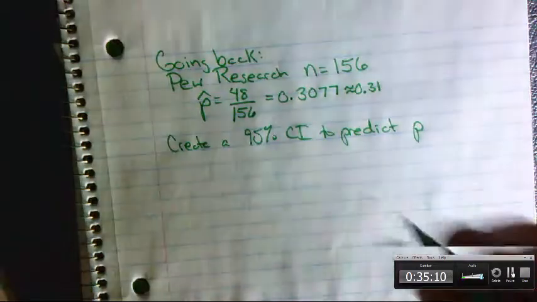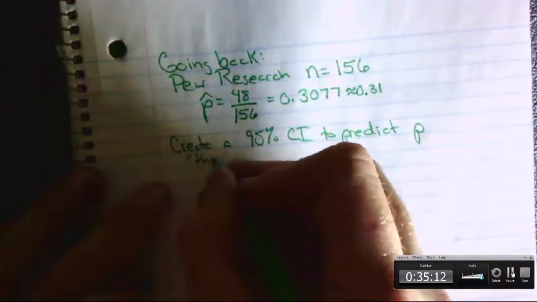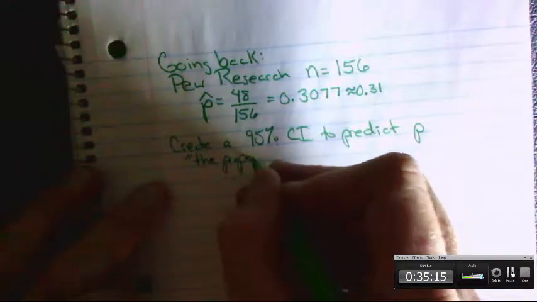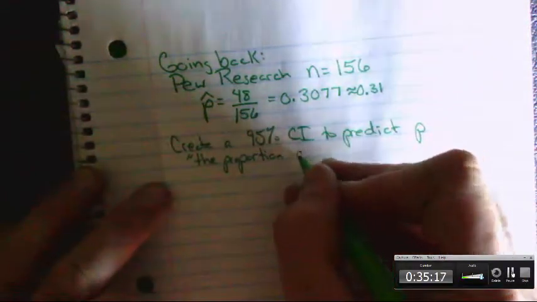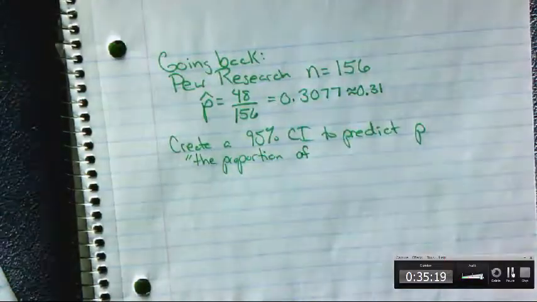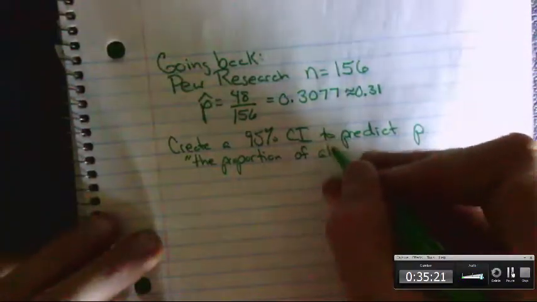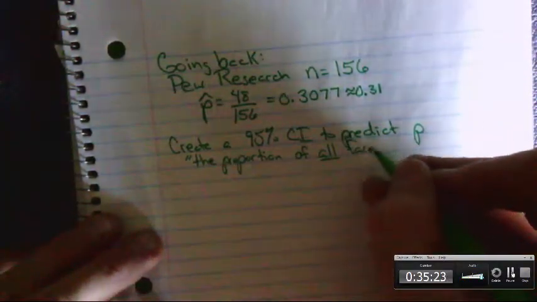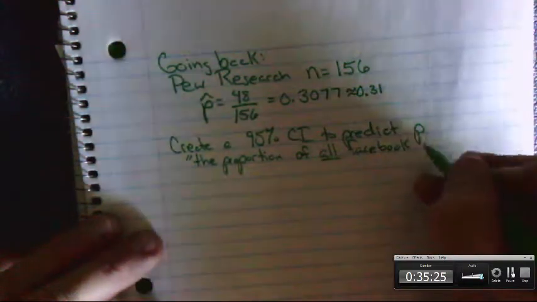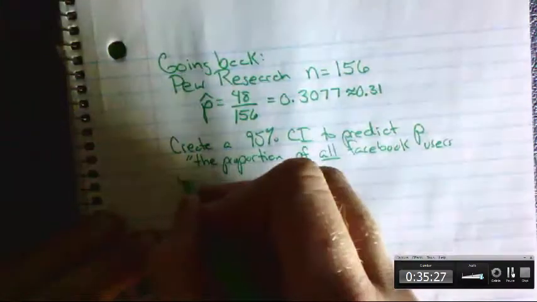And remember, p is the proportion. Is it the proportion of our 156 or the proportion of all? It's the proportion of all Facebook users to update daily.